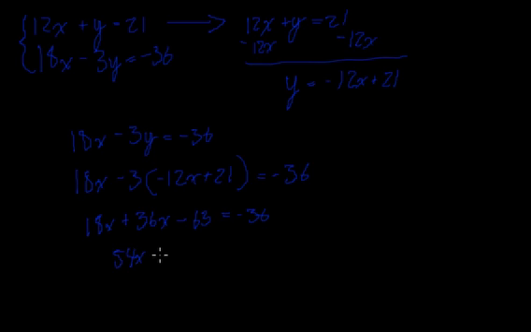Now we have 54x minus 63 is equal to negative 36. To isolate x, we add 63 to both sides, and what we have left is positive 27.